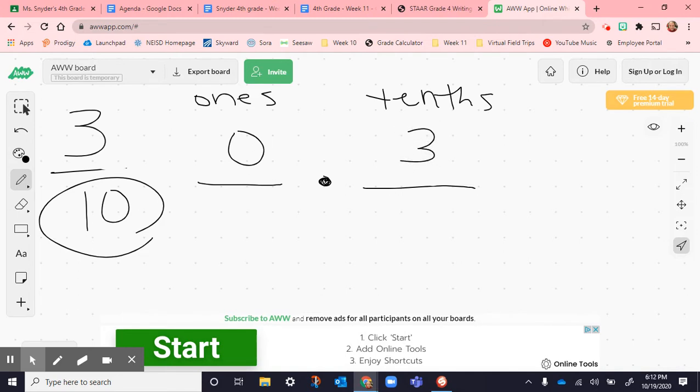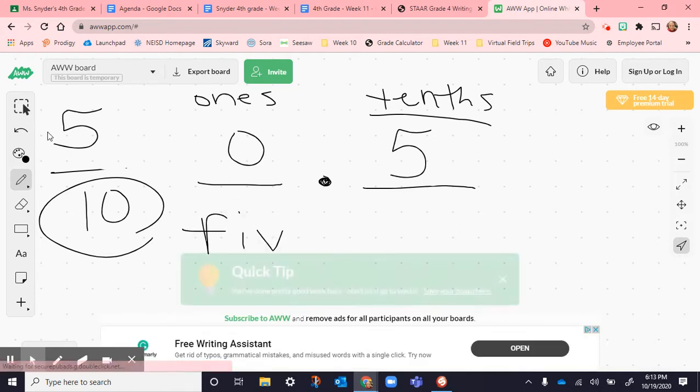If I were to do 5/10, as a fraction it looks like this, 5/10. Same thing, I'm going to take the tenths place value and put a 5 there, and now I have 5/10. We can also write this out as 5/10.